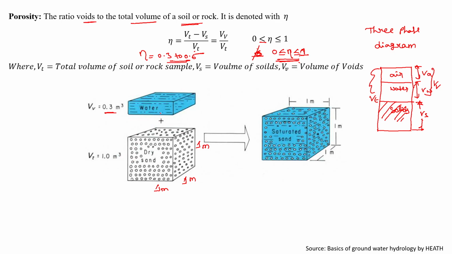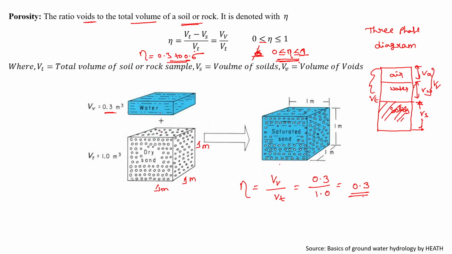If I add this water to it, I'll get a saturated sand. What is the porosity of this? Porosity is the volume of voids divided by the total volume, so 0.3 by 1.0. So 0.3 is the porosity.